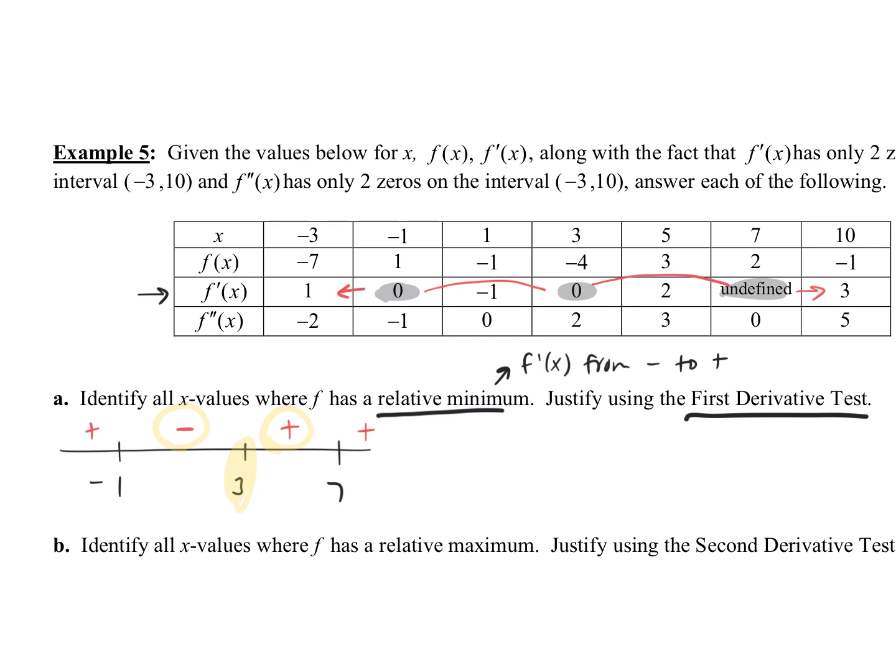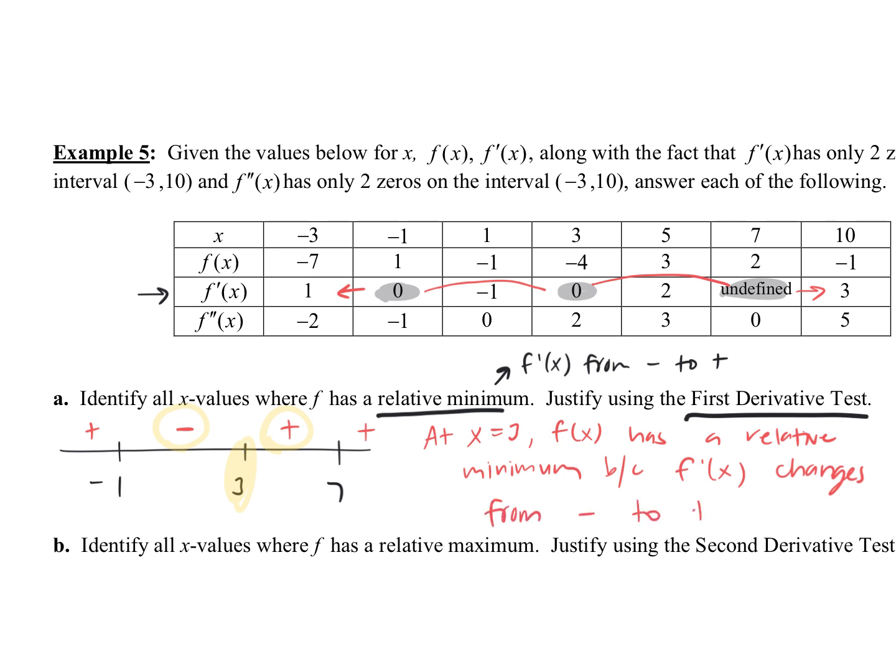Therefore, by using our first derivative test, we can say that there is a minimum at that point, okay? So let's say at x equals 3, f of x has a relative minimum because the first derivative changes from negative to positive.